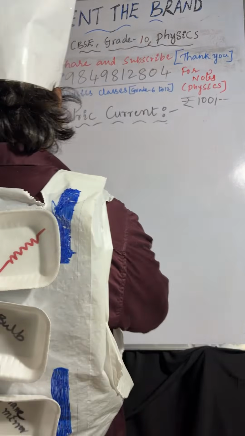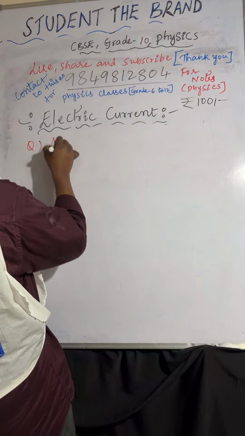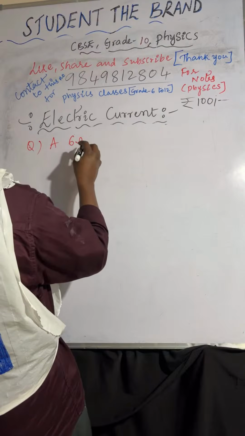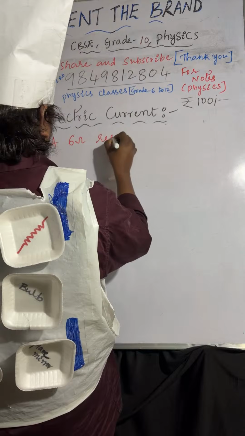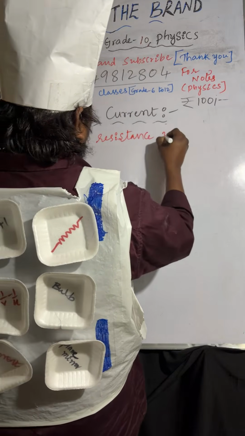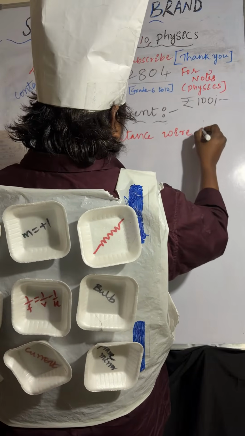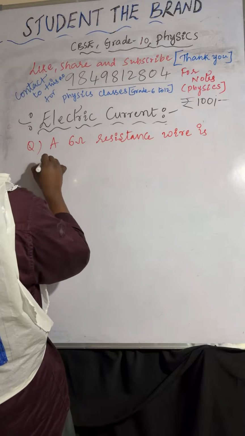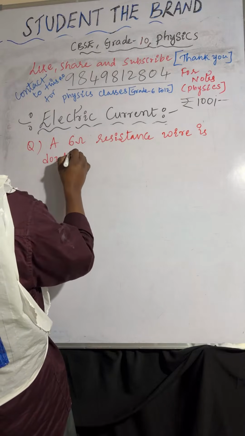Question: a 6 ohm resistance wire is doubled on itself.